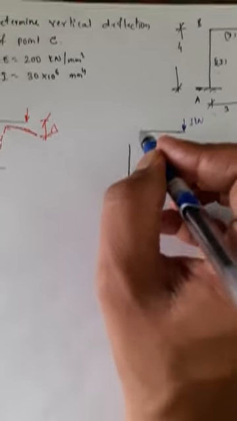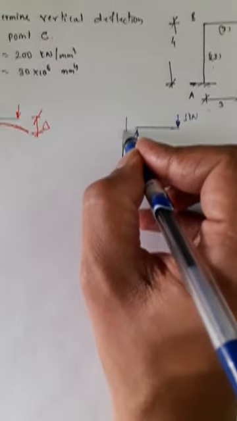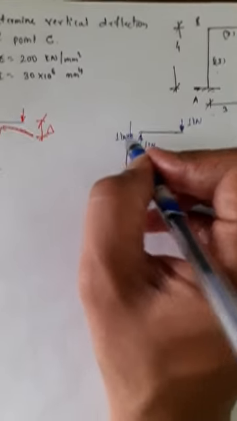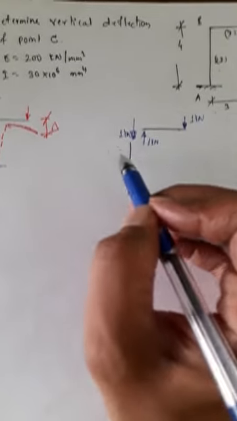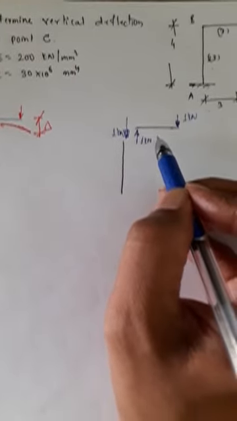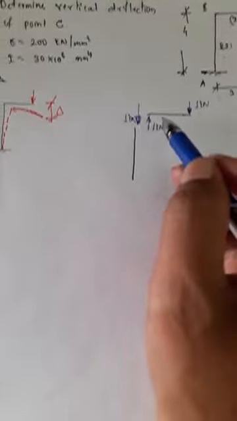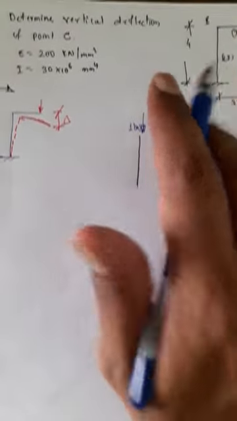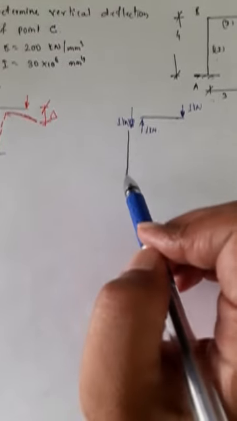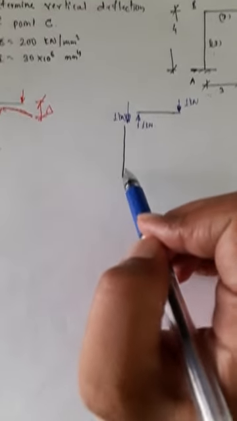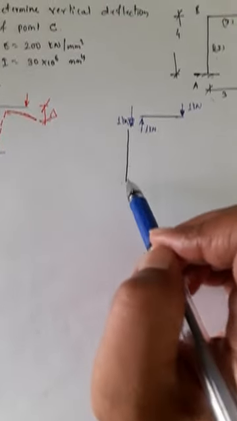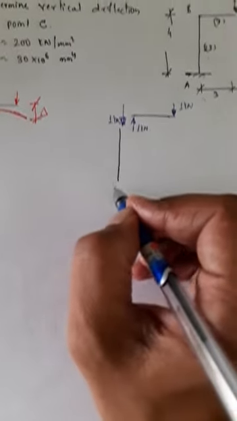At this end, I should apply 1 kilonewton downward, so that summation V is equal to 0 is satisfied. Now come to this member. Forget this part. Consider only this load and this member. To make this in vertical equilibrium, I have to apply 1 kilonewton load equal and opposite at this end.